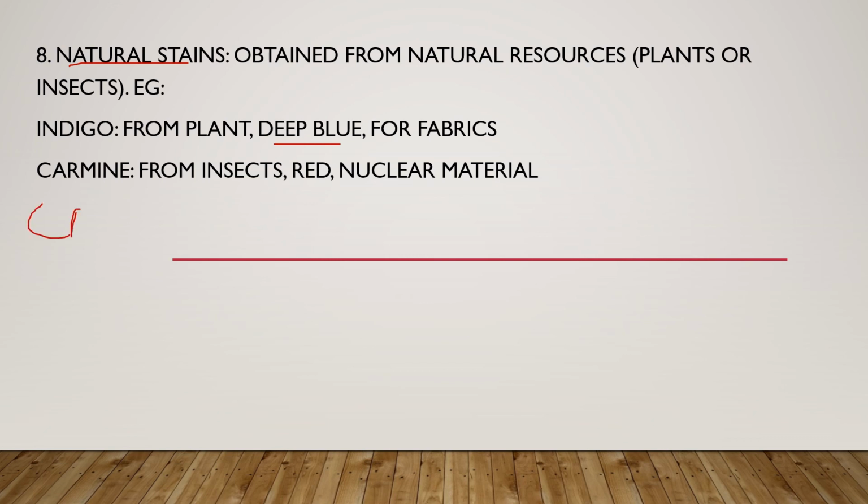So let me write it for you. Carmine. I'm sorry. Okay, so carmine over here is again a natural stain which is obtained from insects, red in color, and it is generally used to stain nuclear material.